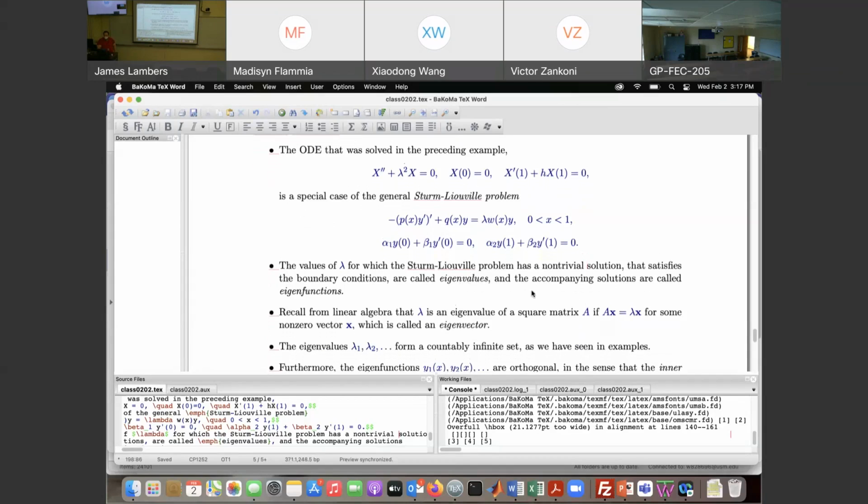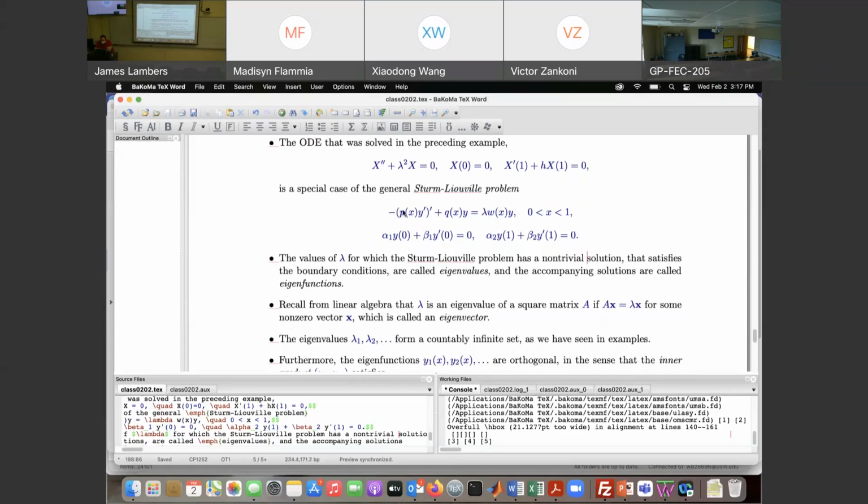Now, a matrix is a finite dimensional entity, and a matrix has n eigenvalues. A differential operator like this one has a countably infinite set of eigenvalues, lambda 1, lambda 2, and so forth, and they go up to infinity.